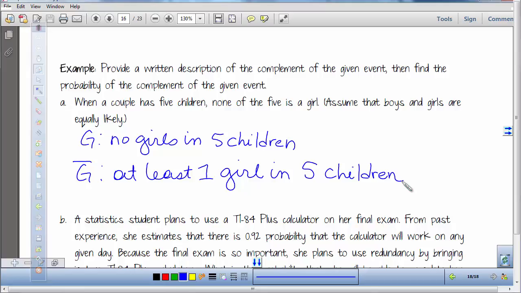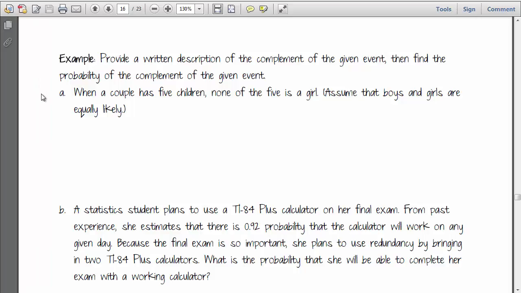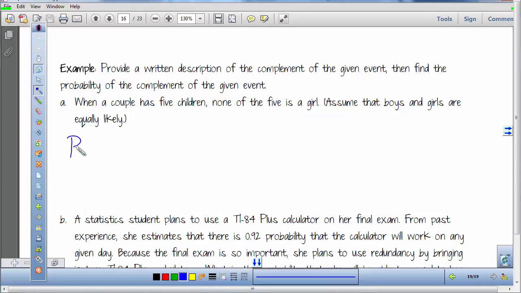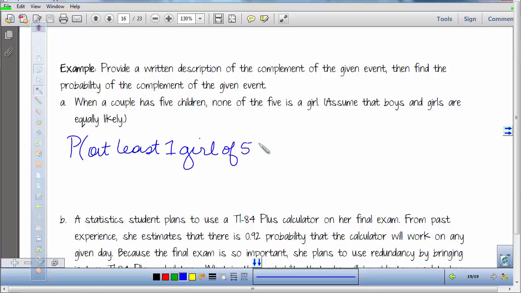So how would I solve this? I'm going to look at the probability of at least one girl of 5 children, and we're going to use our rule. So I'm going to say 1 minus the probability of 0 girls of 5 children.